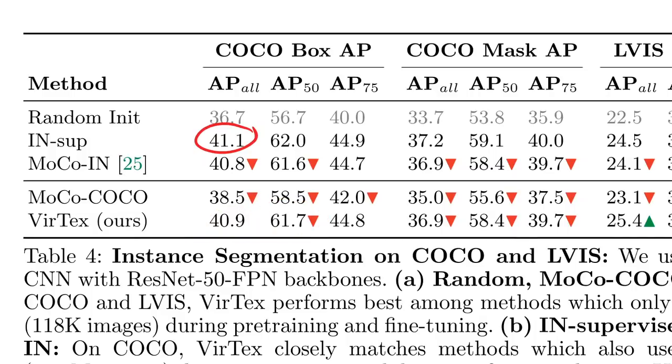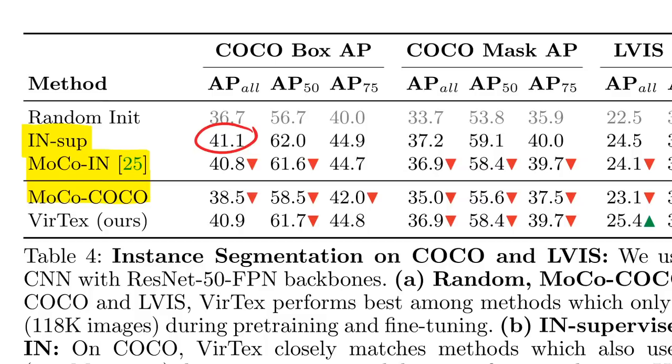But what you can see is it performs significantly better than, for example, MoCo that was only trained on COCO. So again, this shows that if you have the same data set, higher quality information makes it worth it. And it's even better, as you can see, than MoCo that was trained on ImageNet. It's just not quite as good as the supervised baseline.